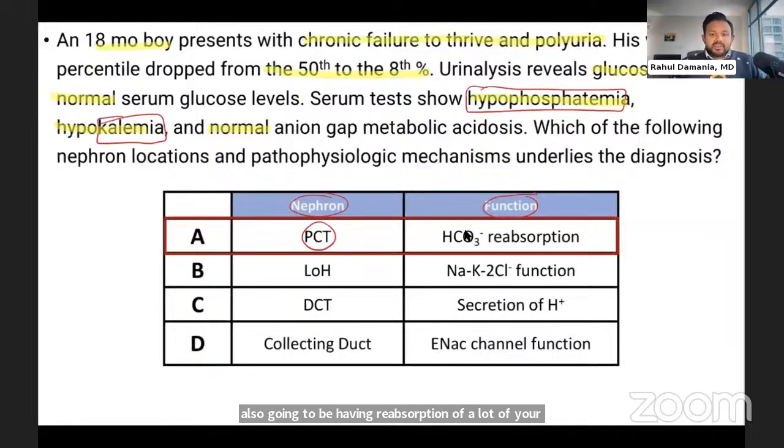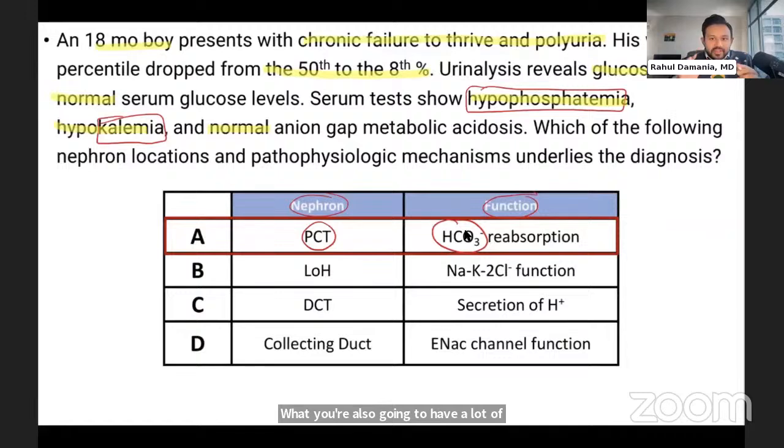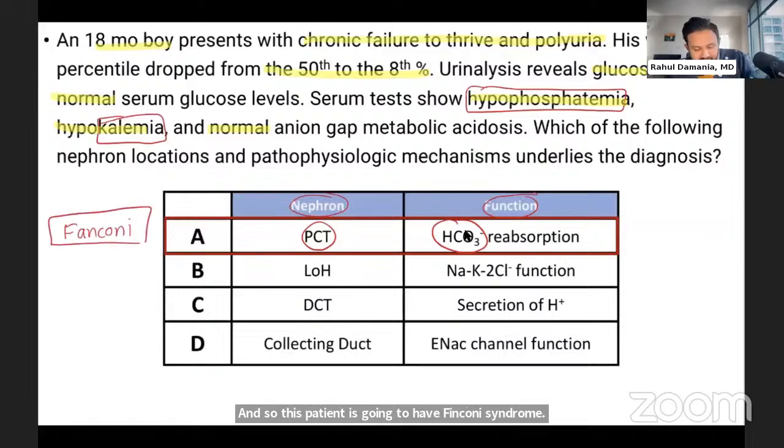What you're also going to have a lot of reabsorption of is bicarbonate. And so this patient is going to have Fanconi syndrome. And Fanconi syndrome is going to be sometimes a genetic defect. And whenever you see failure to thrive, you should be thinking, hey, is this patient going to have some underlying immunodeficiency or some underlying genetic abnormality?